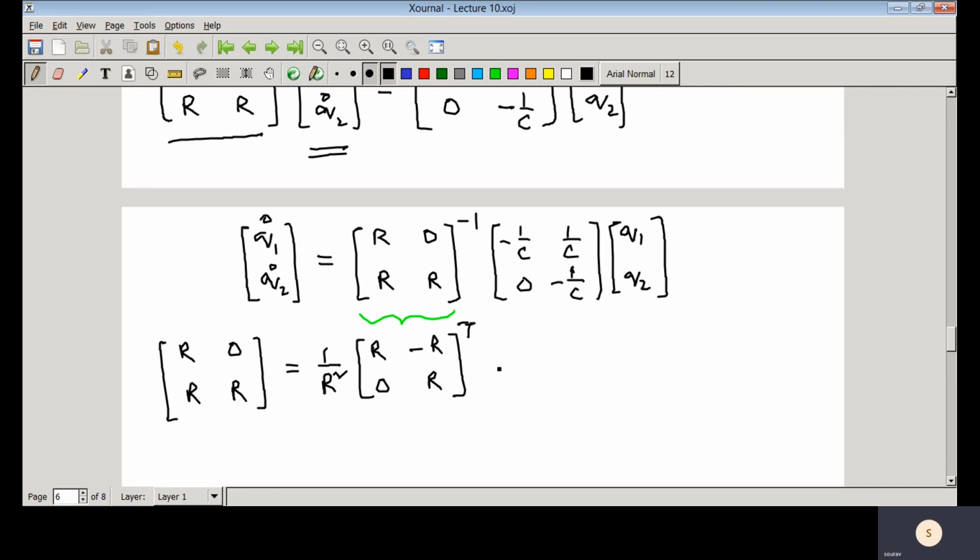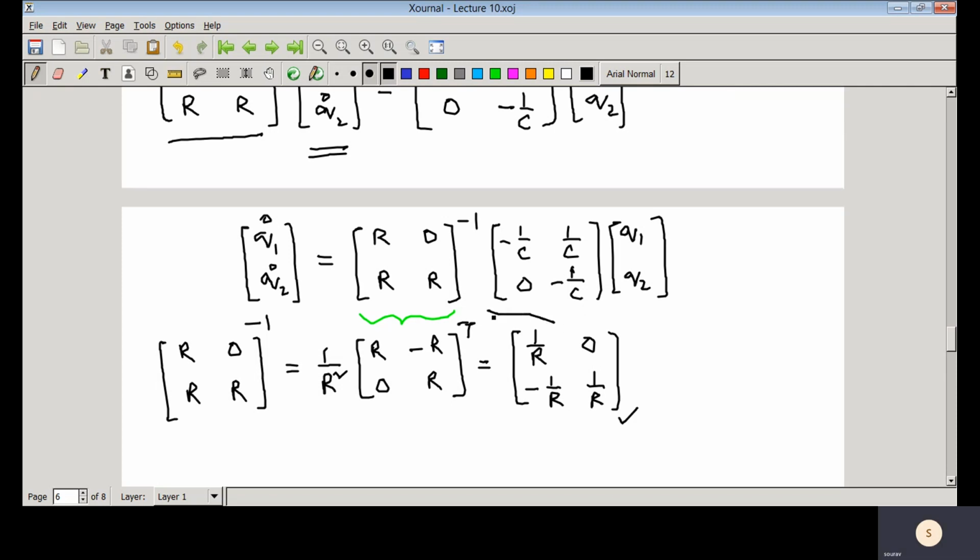If you forget the inverse of a matrix, please see some linear algebra book, and then you will get 1 by R, 0, minus 1 by R, 1 by R. So this is the inverse of this matrix.